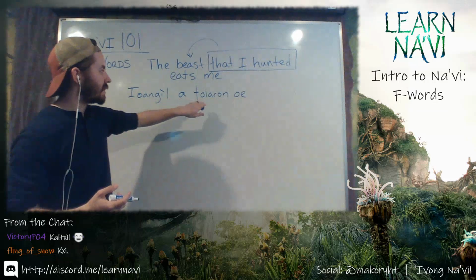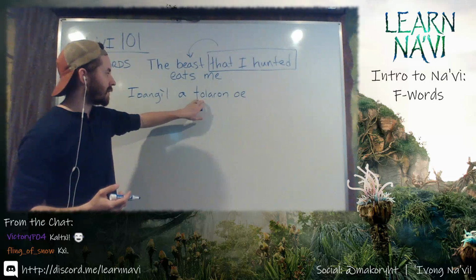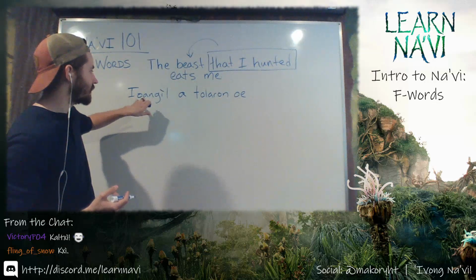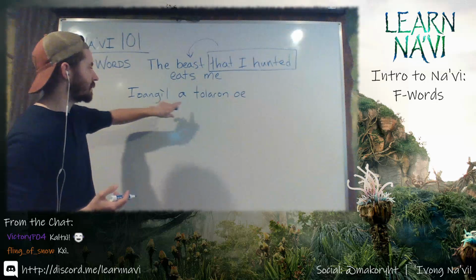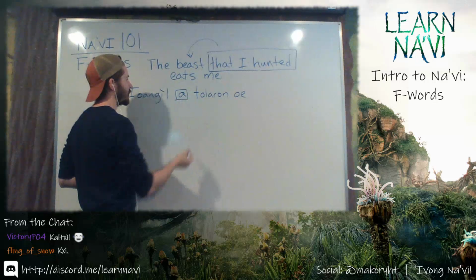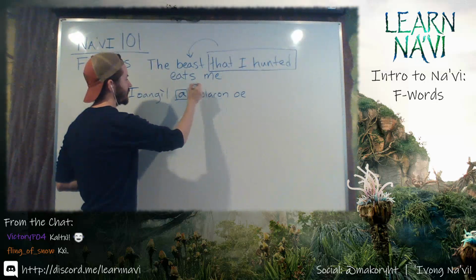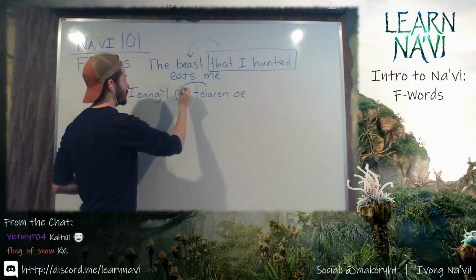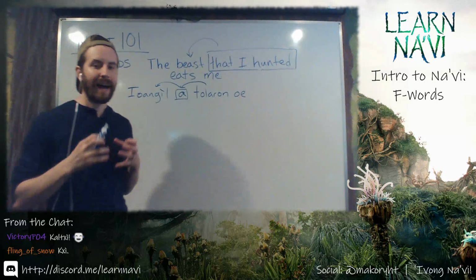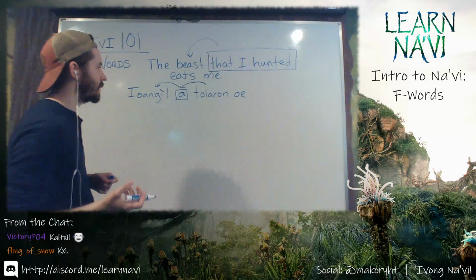Essentially, there doesn't need to be an object of this verb in order for you to understand that this is what was being hunted because of our attributive particle. So because this is doing its job here, in order to convey this information back to our beast, a simple I hunted is enough information.